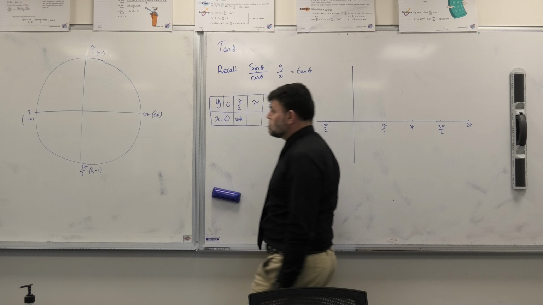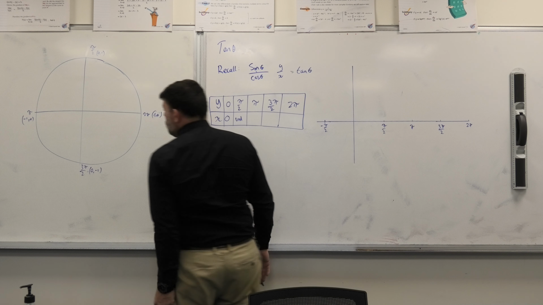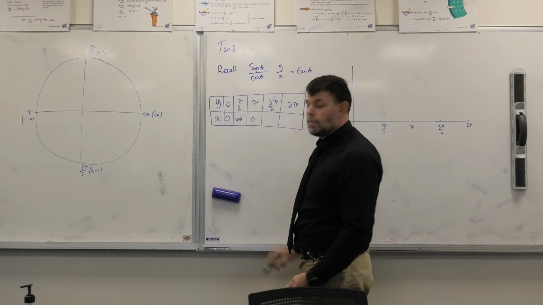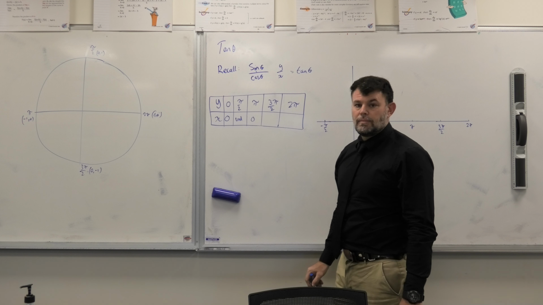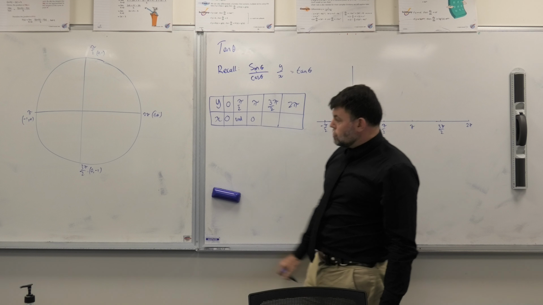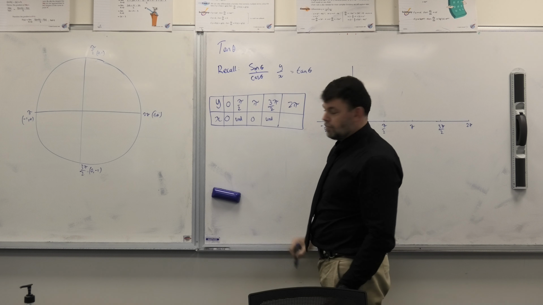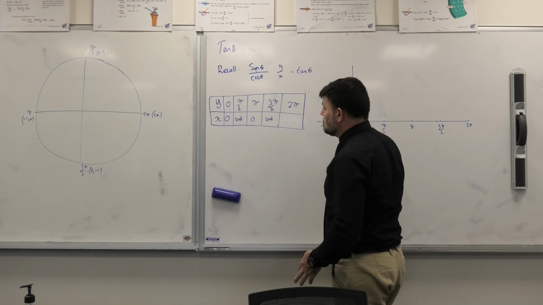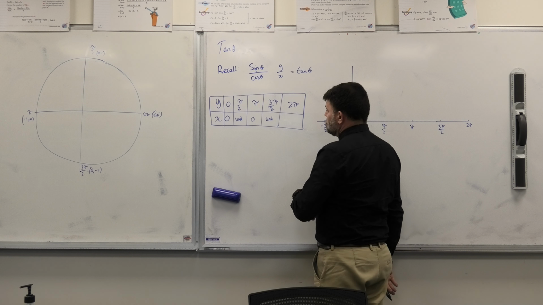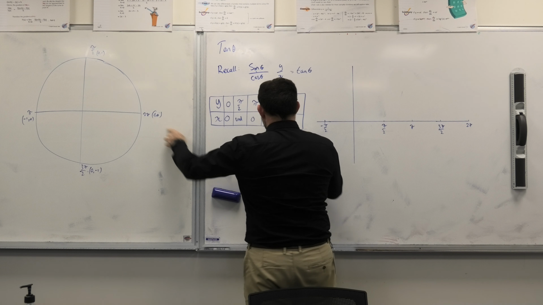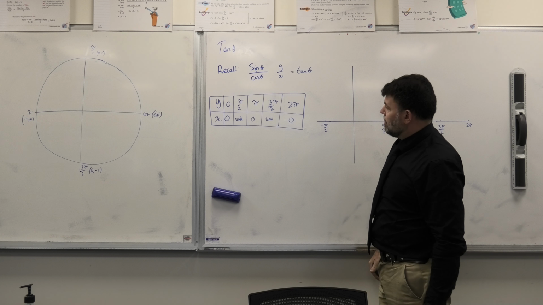We then look at the next one here, pi. Well, we've got 0 divided by -1, which again is 0. We look at 3 pi on 2, -1 divided by 0, undefined. And then the last one would be 2 pi, which is 0 divided by 1, which again is equal to 0.